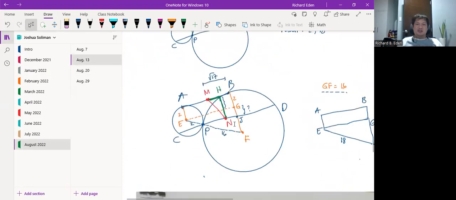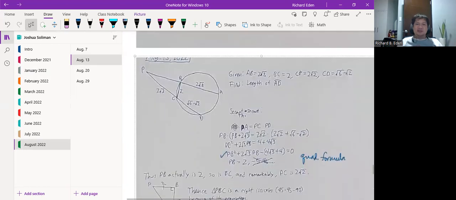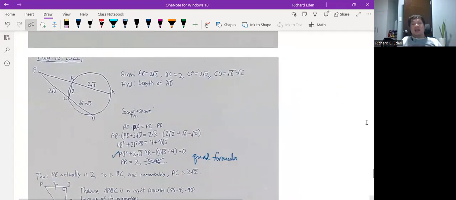So like the PB times PA equals PC times PD, and hopefully you don't end up just memorizing that formula, but be conscious as well saan siya nanggaling.